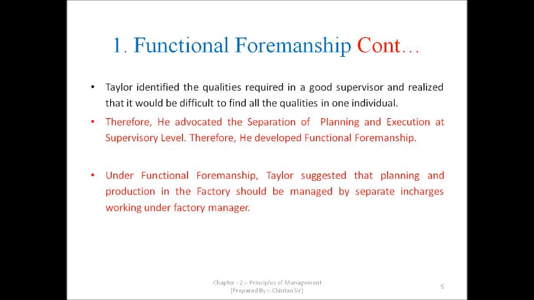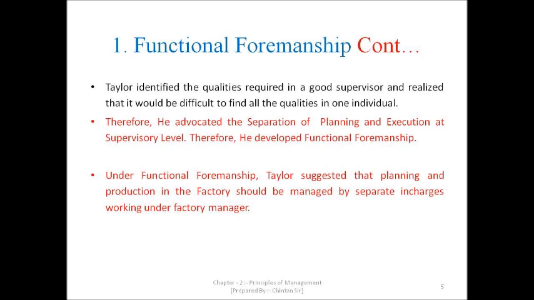Therefore, Taylor advocates the separation of planning and execution at the supervisory level. Taylor suggests that each and every quality cannot be found in one supervisor, so separate the supervisors with specialized qualities. Therefore, he developed functional foremanship.